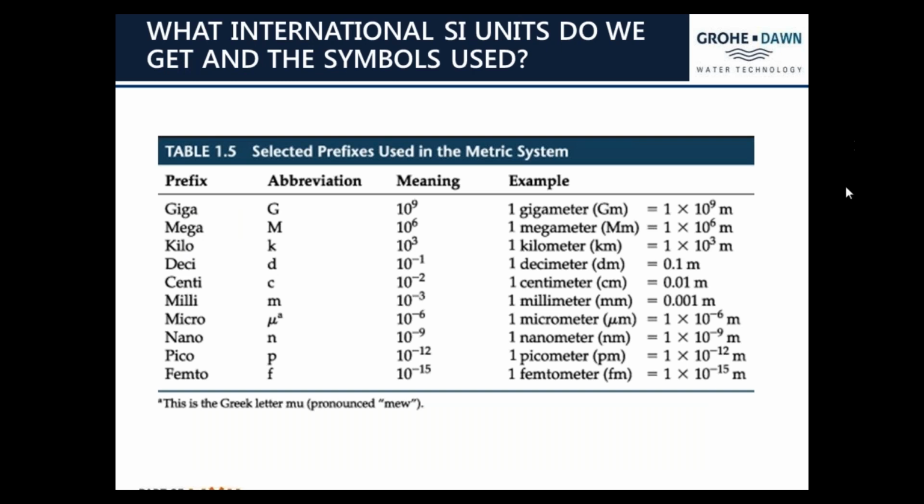So a kilo is 10 to the power of 3, so basically 1,000. So 2 kilometers would be how many meters? It would be 2,000 meters. Okay, so now we've got 2,000 of the standard base SI units, which is meters.